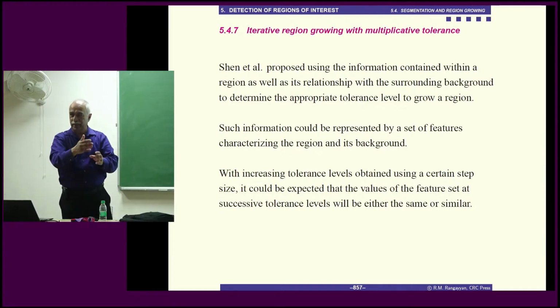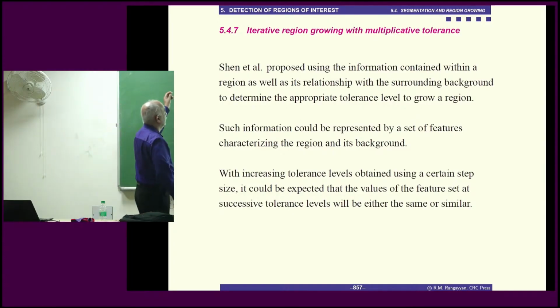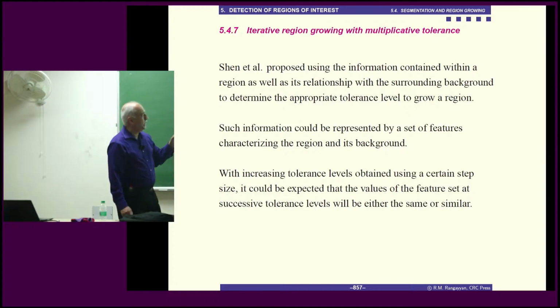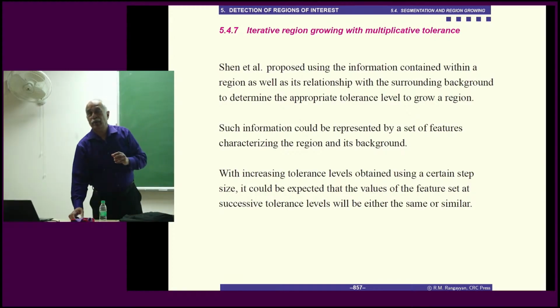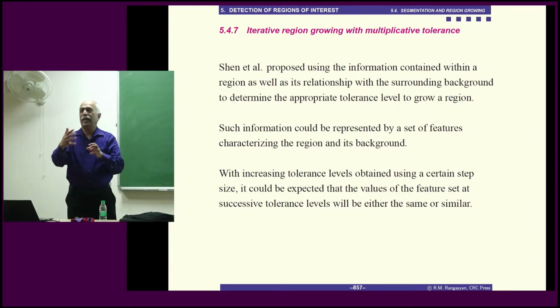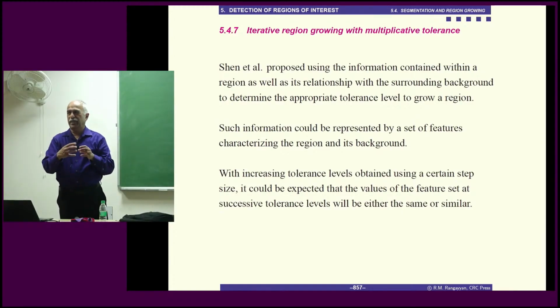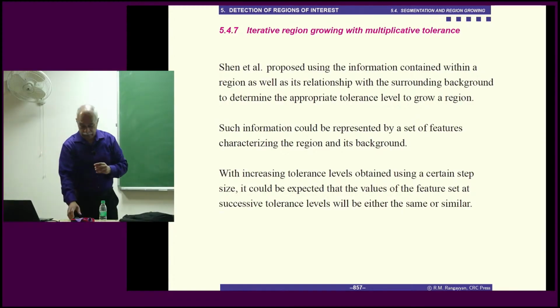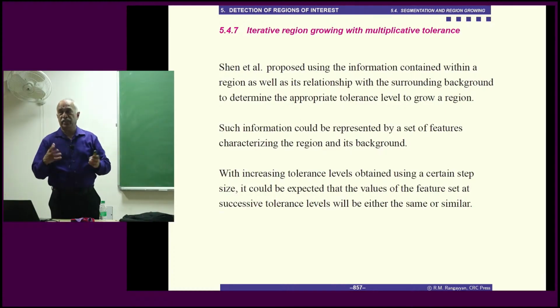And that's when we say we will cut among these regions. So we characterize these regions with increasing tolerance levels obtained using a certain step size. It could be expected that the values of the feature set at successive tolerance levels will be either the same or similar. How do you compare these regions? We compute some parameters, shape parameters, size parameters, or area, and so on. If the area suddenly changes, then that's not good.